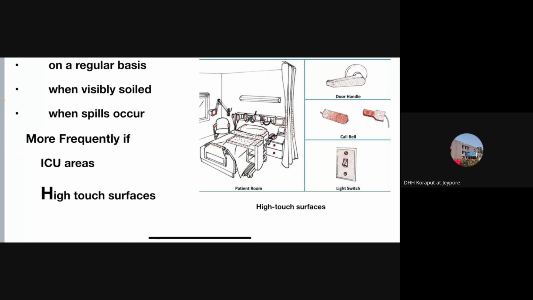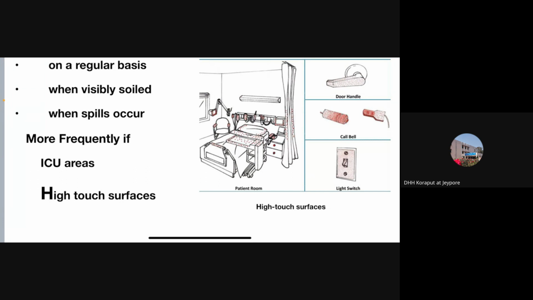You need to decontaminate the door handles, the call bell, and the light switch, because multiple persons use them. If you have seen the movie Contagion, that is how the infection spread, through a door knob, because the hands of the worker were contaminated, and she touched the door handle, and through that door handle multiple people got infected.